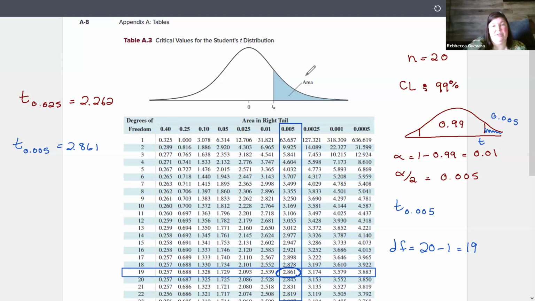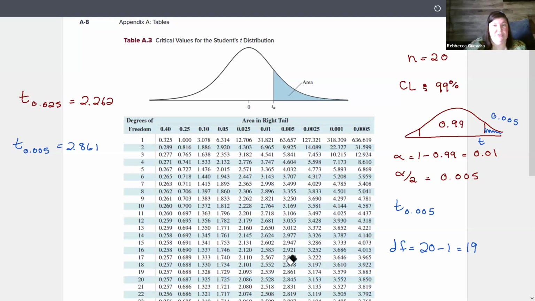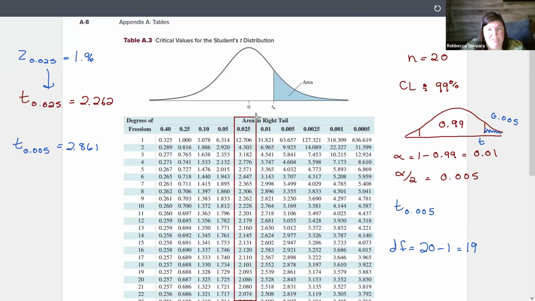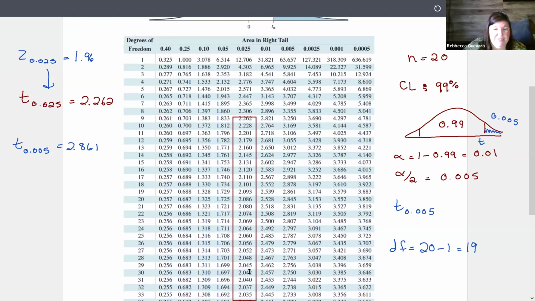Another thing to point out, going back to something we said earlier: remember that for a z-score with 0.025 in the tail, we should have a z-score of 1.96. So as degrees of freedom increase, we start at 12, then we're at 4, we're at 3, we're at 2.7, we're at 2.1, we're at 2.09.